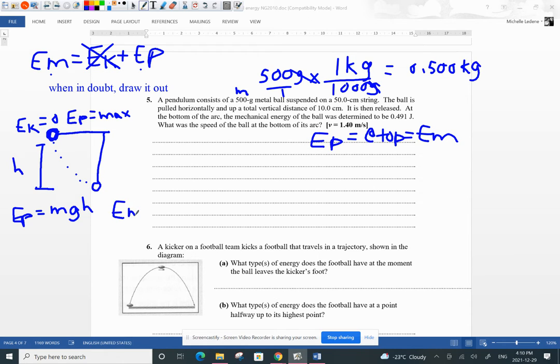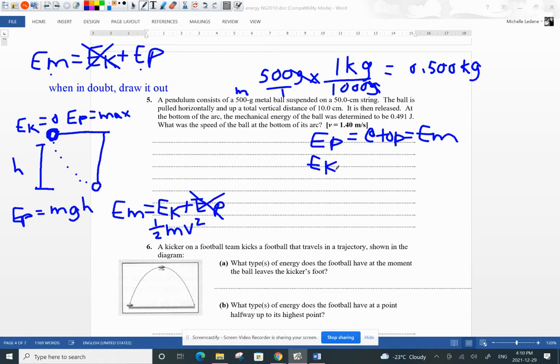And remember, mechanical energy is kinetic plus potential. So right now, there's no potential energy. This object is not above the ground anymore, but it's moving with its maximum speed. So our mechanical energy at the bottom is all kinetic.